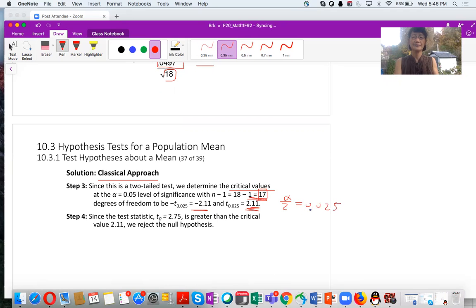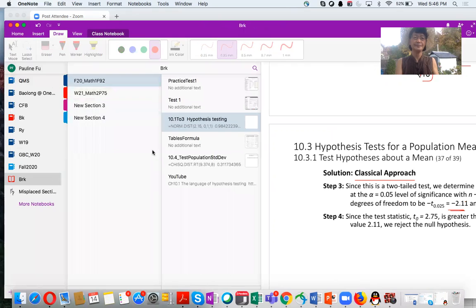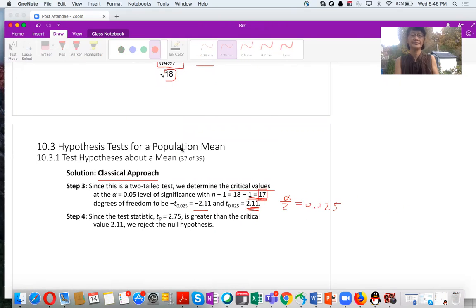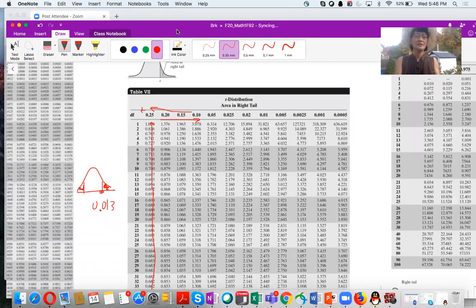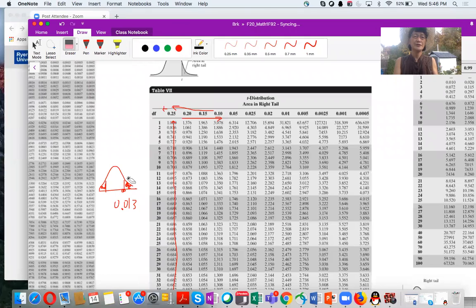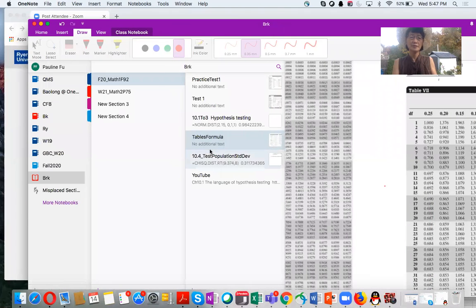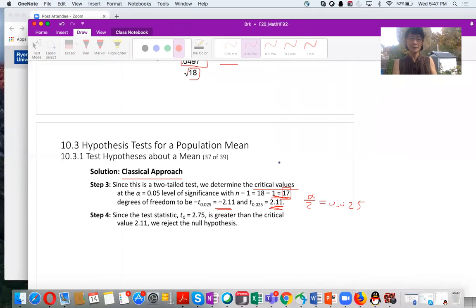So go to the table. I'm going to erase the previous one. Locate degree of freedom. Let me double check something so that we don't miss.